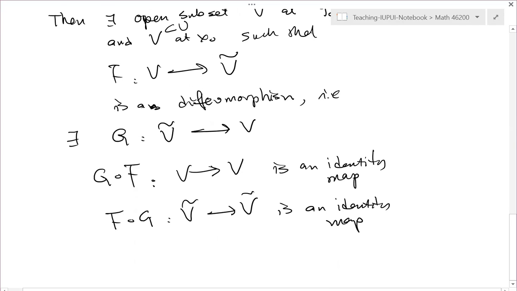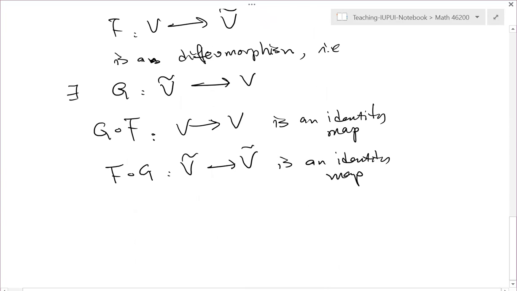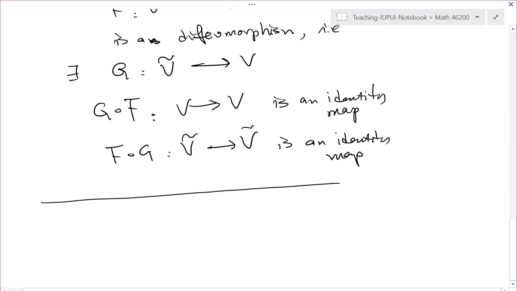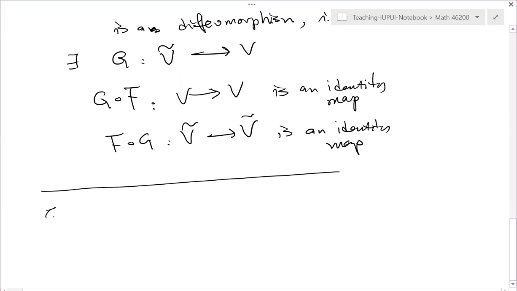This is true in the one-dimensional case, right? Remember, it's easy to understand. We're given a function with one variable. Here's a special example to understand the theorem.